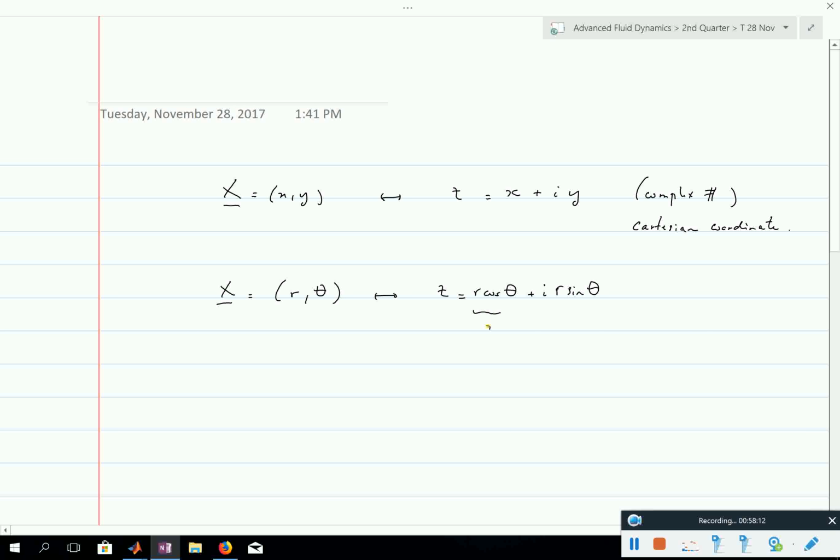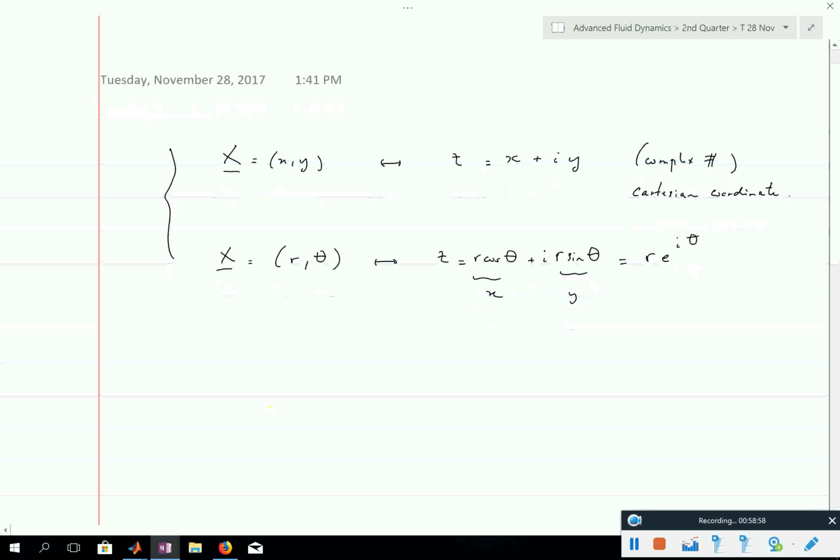This is x, this is y. Another way of representing this number is by its modulus, the distance to the origin r, times exponential of i times the argument theta. So the complex number z will represent the location in the 2D plane. The real part is the x position, the imaginary part is the y position. Or if you write it in terms of complex exponentials, the modulus is r, and the argument, the angle, is the polar angle theta.